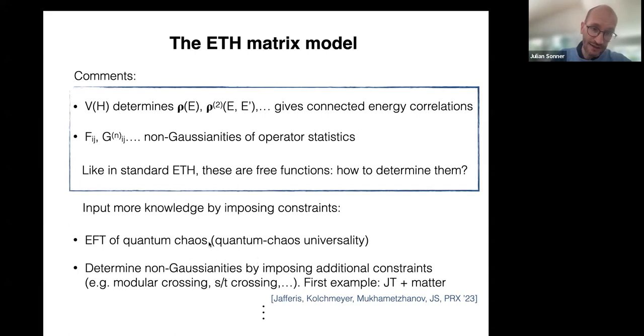With Pranjal, Alex Altland, Dima Bagrets, and also Manuel Vielma, we wrote a couple of papers on this. I could have cited them here, and if you're interested, I can give you those references. But more to the point of the more recent work, you can determine these non-Gaussianities by imposing constraints. But these constraints are actually of a general kind.